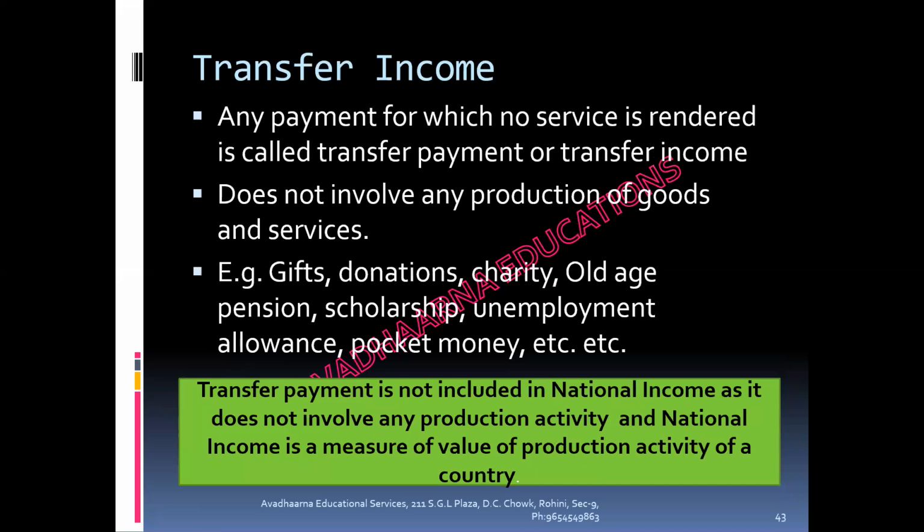On the other hand, there is another concept used, transfer income.